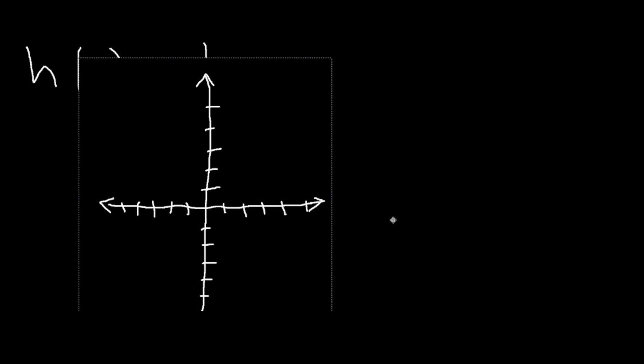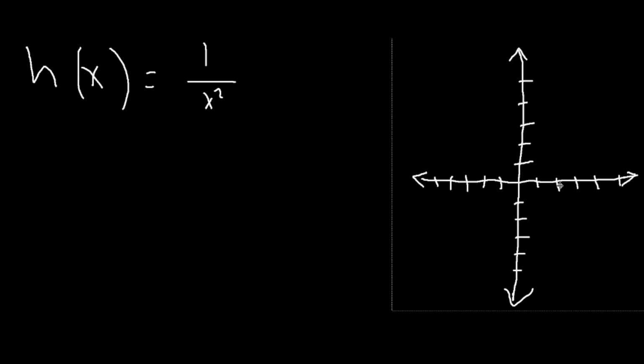So h of x equals 1 over x squared. So I'm going to give you guys a moment to pause this video and then try to solve this for yourself. All right, so now we're going to just go through it together, and you guys can compare your answers. So first of all, I'm just going to put my graph here so we have something to reference.